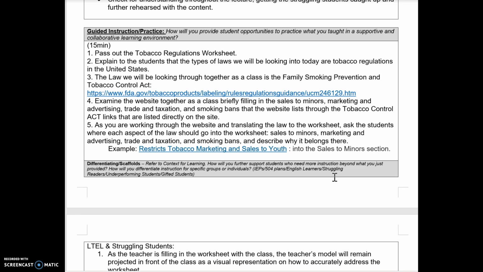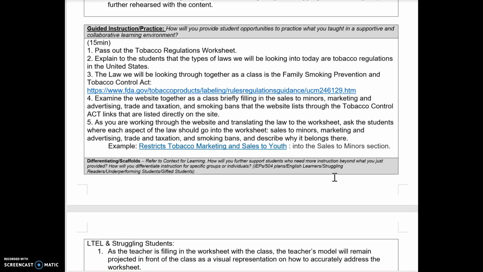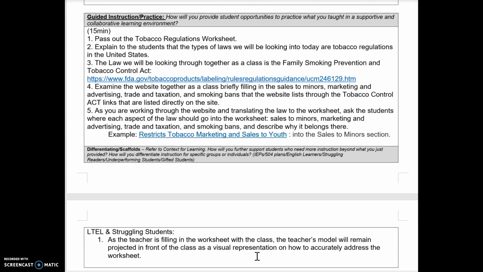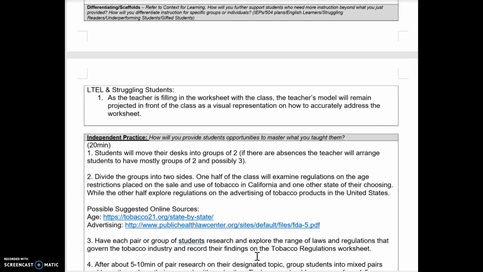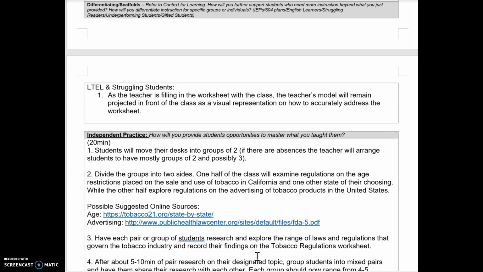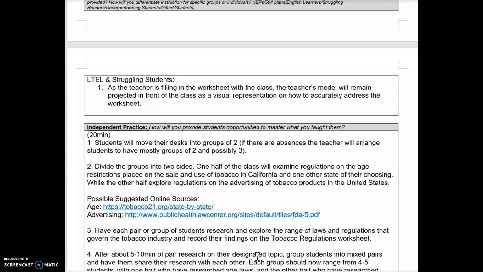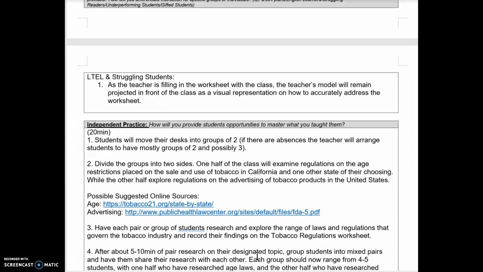The teacher will be working with the students and putting them in the right category on the worksheet or the graphic organizer. And for differentiating, we set that as the teacher is filling in the worksheet with the class, the teacher's model will remain projected in the front of the class as a visual representation in case anybody needs to refer back to it.